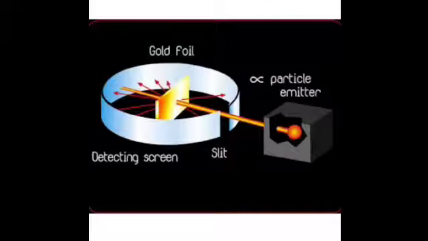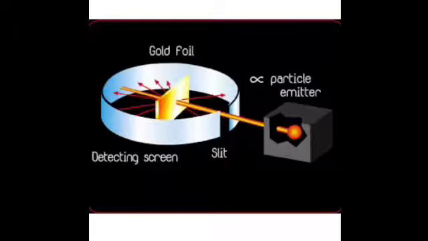Similarly here, alpha particles were emitted onto the gold foil. This very thin gold foil is kept in an evacuated chamber, a chamber which contained no air. Evacuated means without any air.